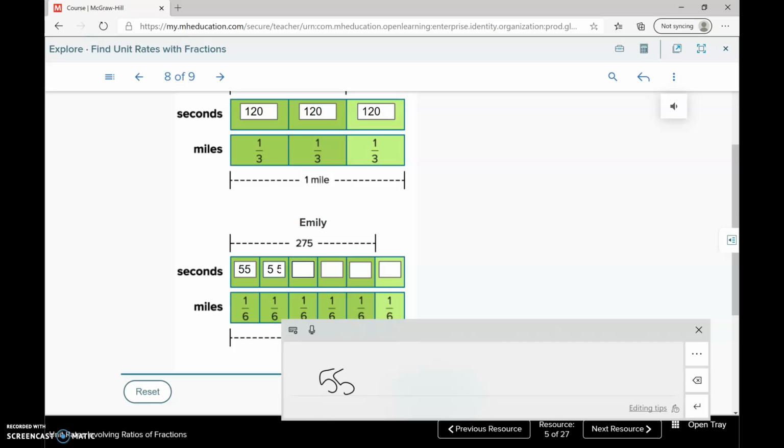Uh-oh, I gotta go fix it. There we go, it fixed it. It didn't. What's going on? Too many numbers. There we go.